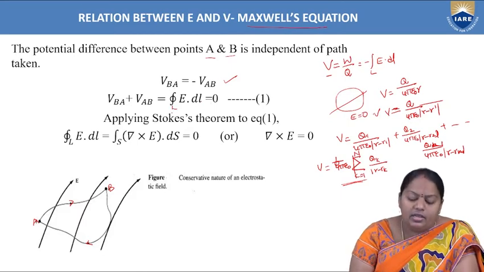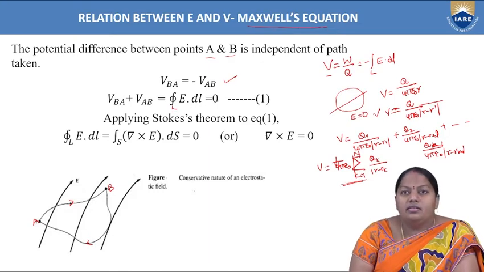If we close that line, it becomes a closed path, then closed integral L E dot dl is equal to 0.